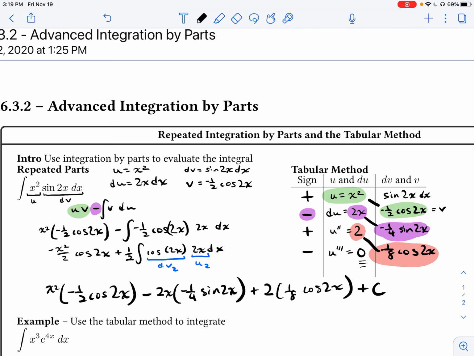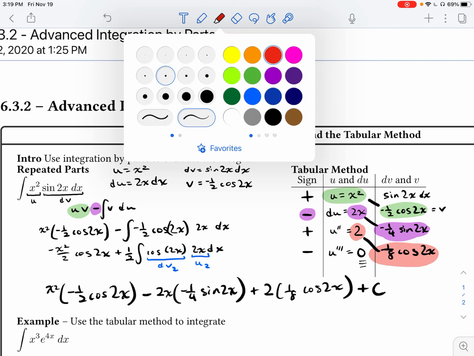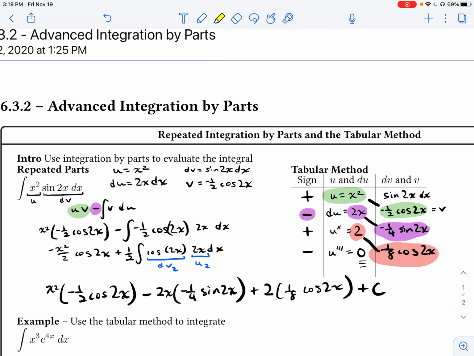Something that I really want to highlight is understanding that integrating the product of any row is going to be the sum of all of these diagonal products that we get. The product of this row is x squared times sine of 2x dx.